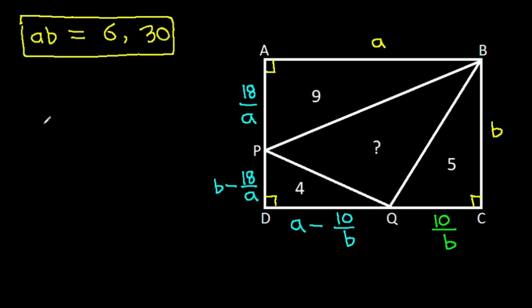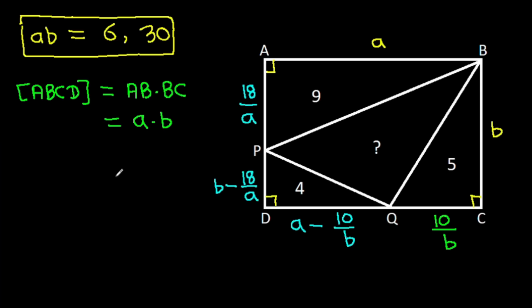Now we have area of ABCD. It will be AB times BC, where AB is A and BC is B, and AB is 6 and 30.